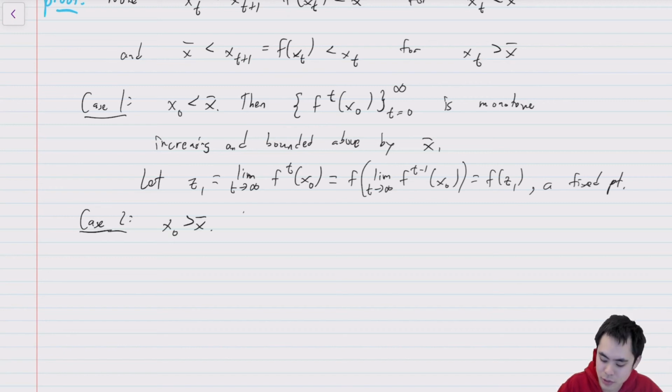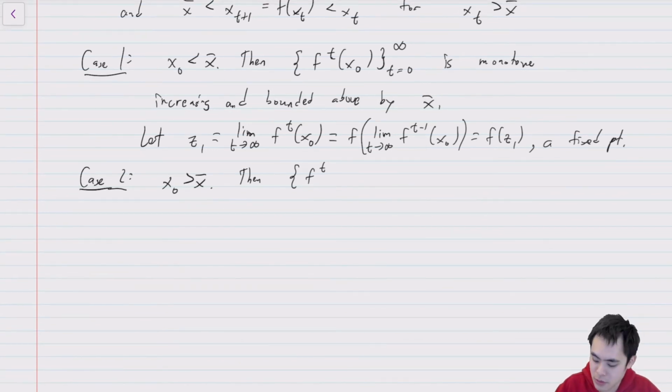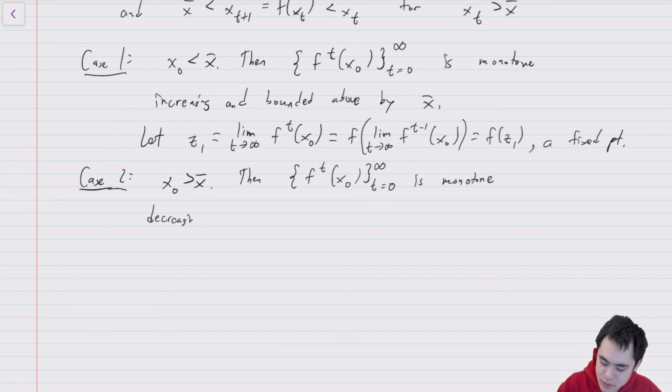greater than x bar. Well, then we have the exact same analysis, but in the other direction. So this sequence f to the t of x naught, as t goes to infinity, is monotone decreasing and still bounded below by x bar.